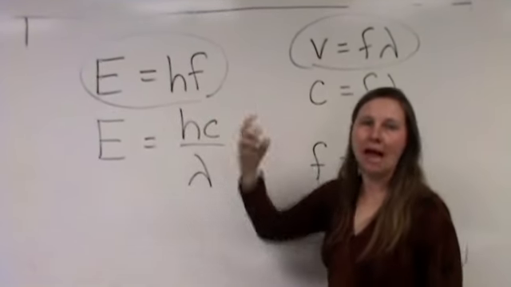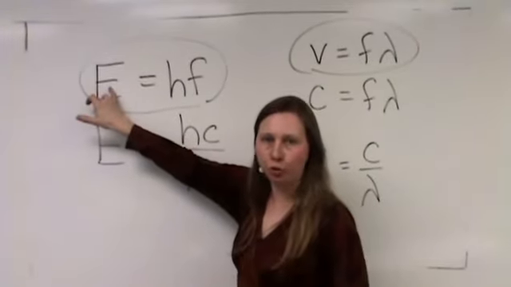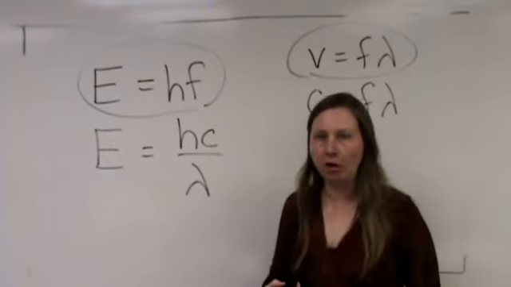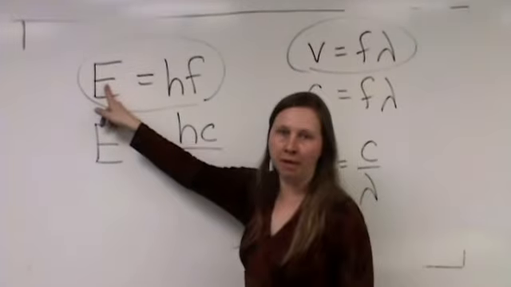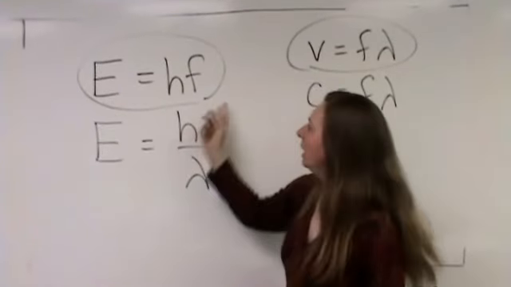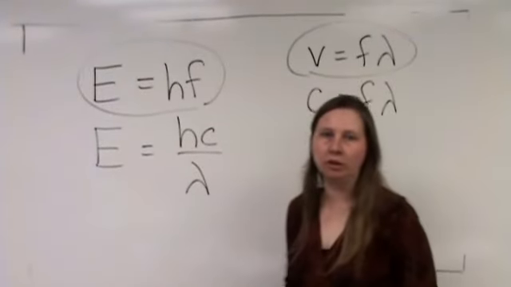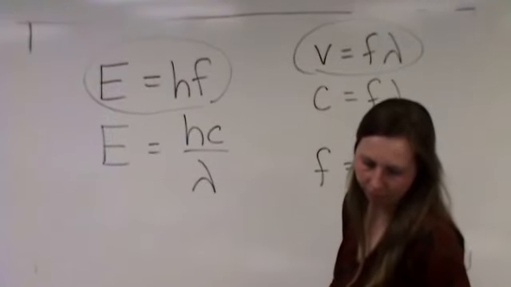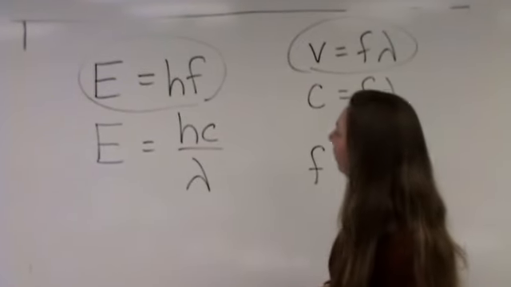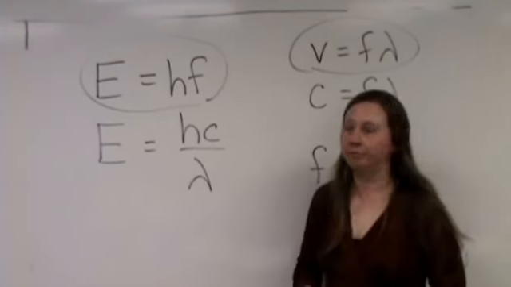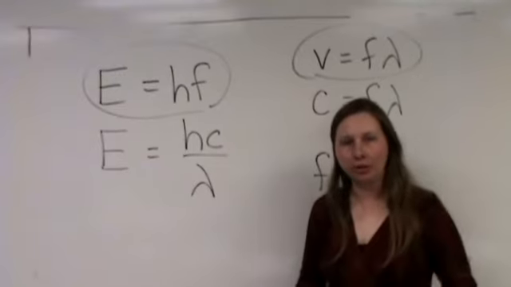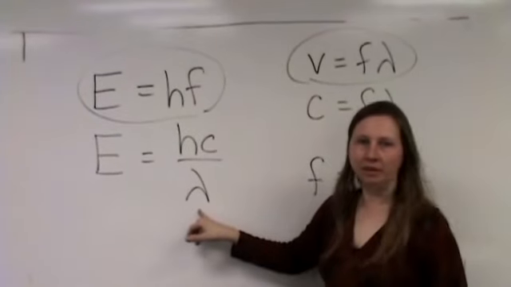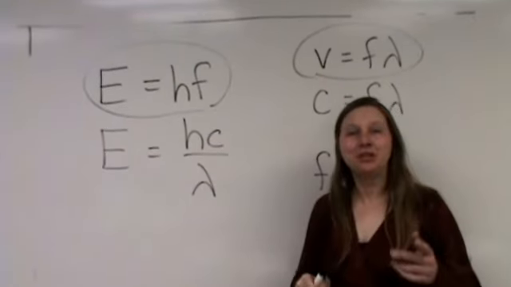Because Planck's constant has joules, you can only put joules in, or you can only get joules out. If you're given electron volts, convert them to joules and then put them in. If you want electron volts, get the joules and then convert them to electron volts. All right, and that about sums it up: using the equation for the energy of a photon given the frequency or given its wavelength. See you in the next section.